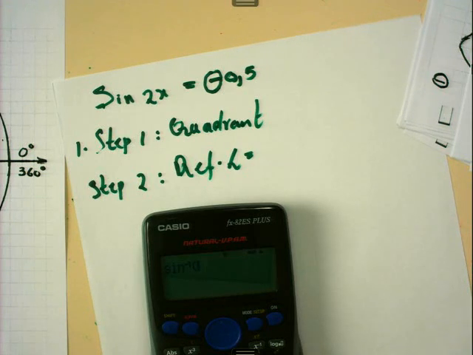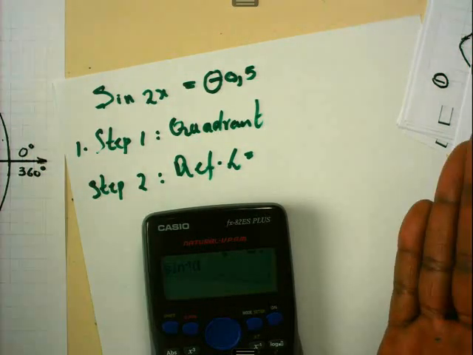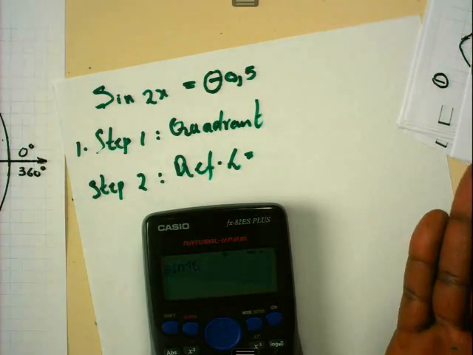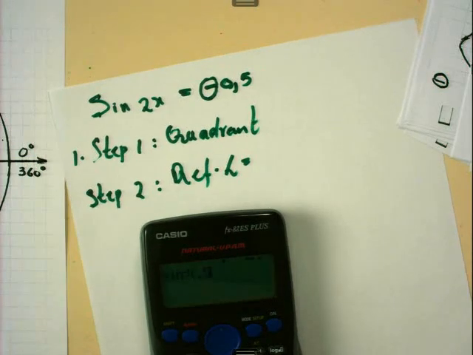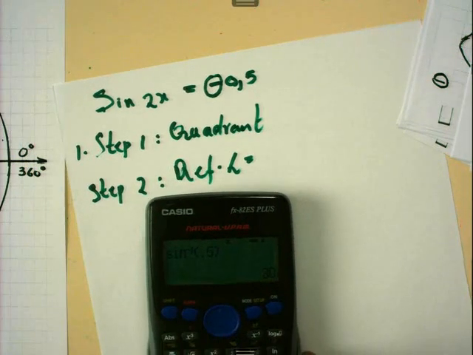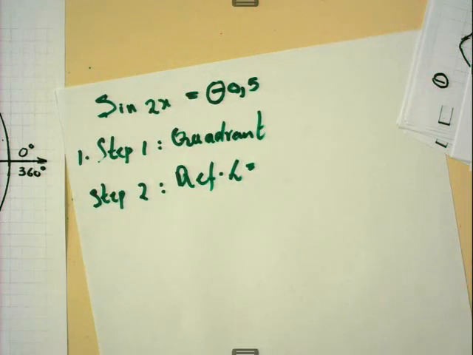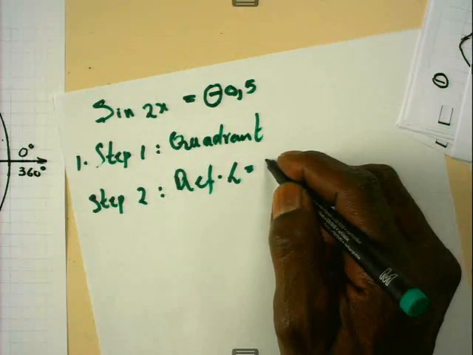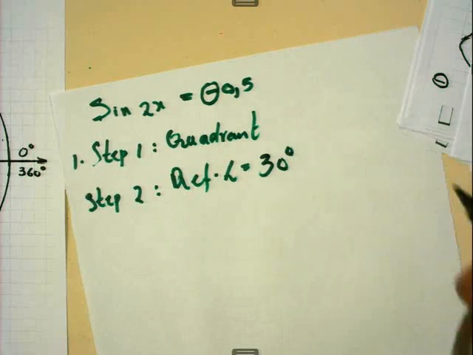I'm tempted to put the negative sign there. No, I cannot. Why? I've already used that negative sign to identify the quadrant. So I need to press 0,5. I must be kind to Casio, close the bracket, and the reference angle is 30 degrees there.